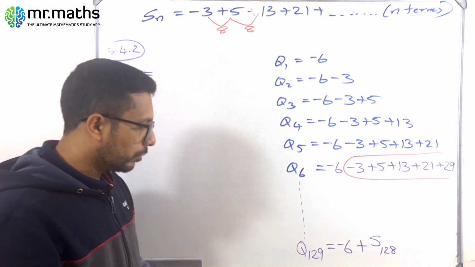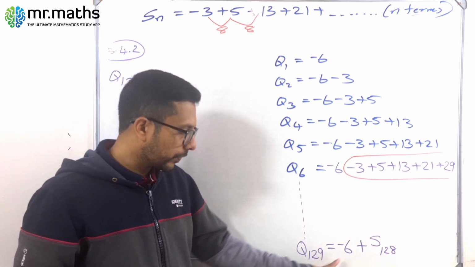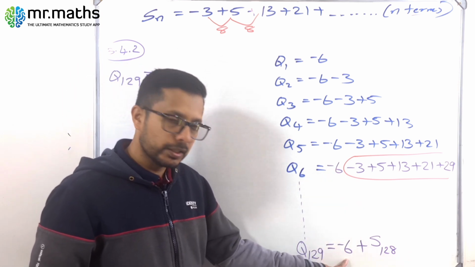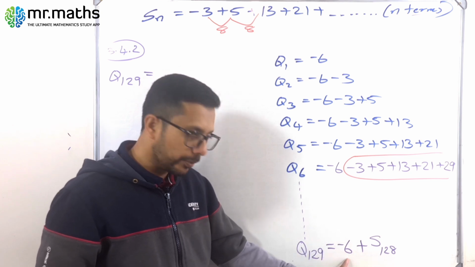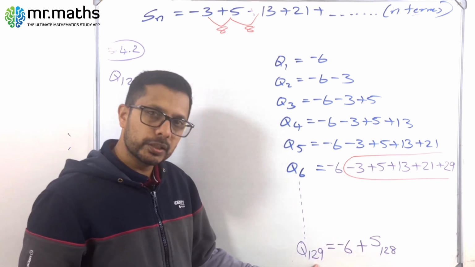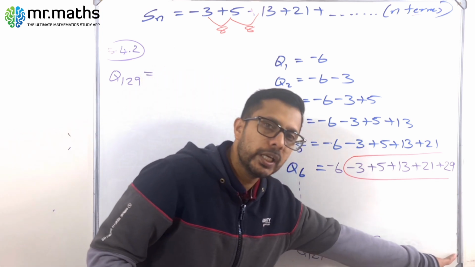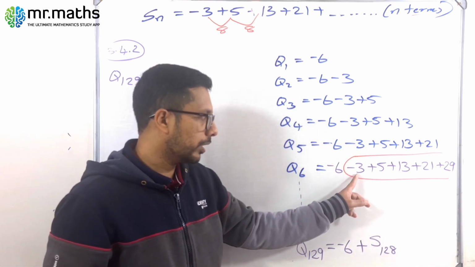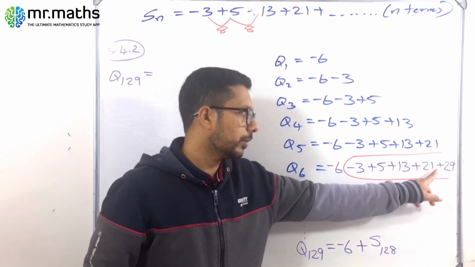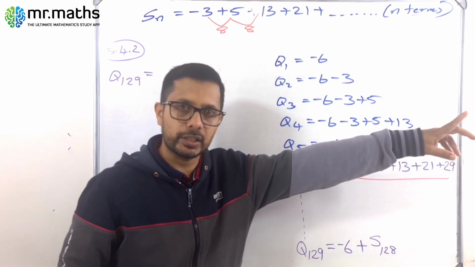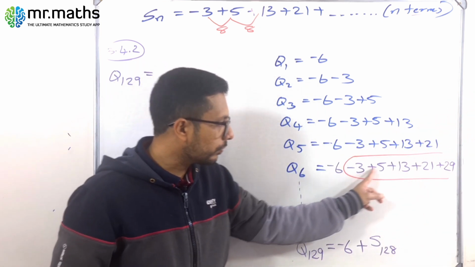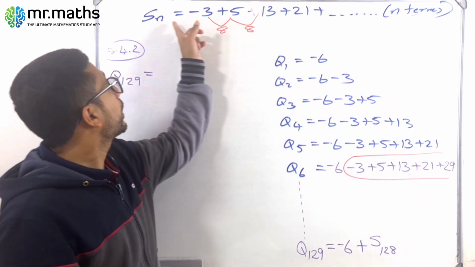Do you understand? So Q129 means first term is minus 6, then one term is here. Total how many terms are there? 129 terms. So the remaining 128 terms are like this, minus 3 plus 5 plus 13 plus 21, 29, etc. Is it not that one is our Sn?